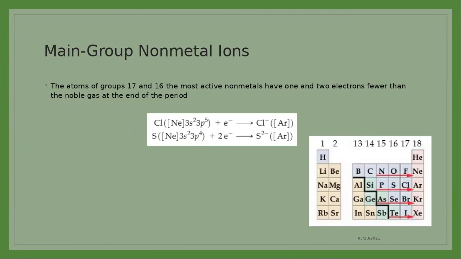For the main group nonmetal ions, this is the vice versa from the metal ions, because chlorine and sulfur atoms, look at here, want to be after the neon, argon. What is that? This is the argon atom. Is it easier giving an electron or taking an electron? Which one is the easier? To get one electron is easier than to give 7 electrons.